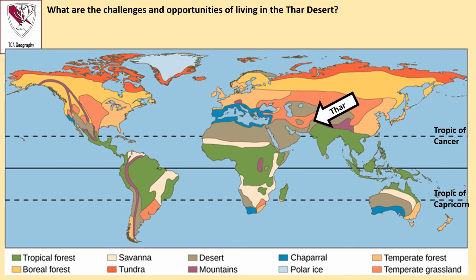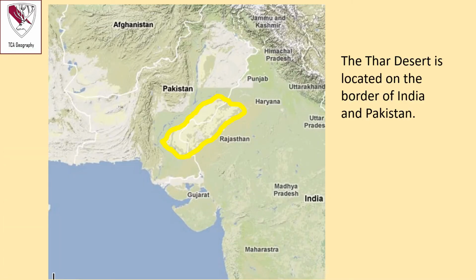And if we zoom in quite a lot, I've put a yellow highlight around the area of the Thar Desert. The white line shows the borders between different countries. So you can see, I hope, that the Thar is on the border of 2 countries, India and Pakistan.